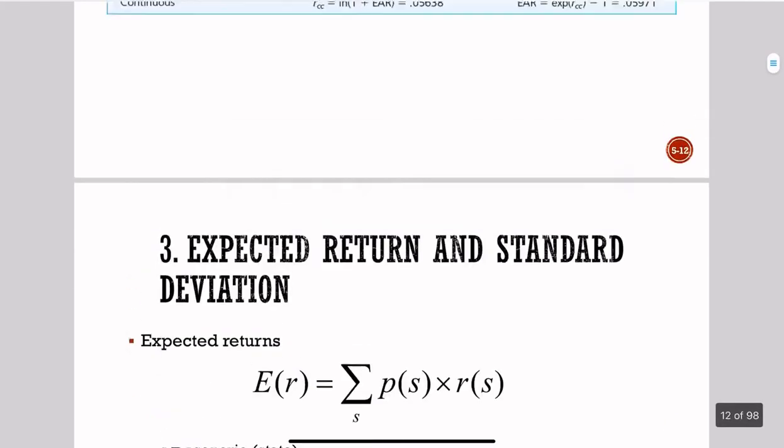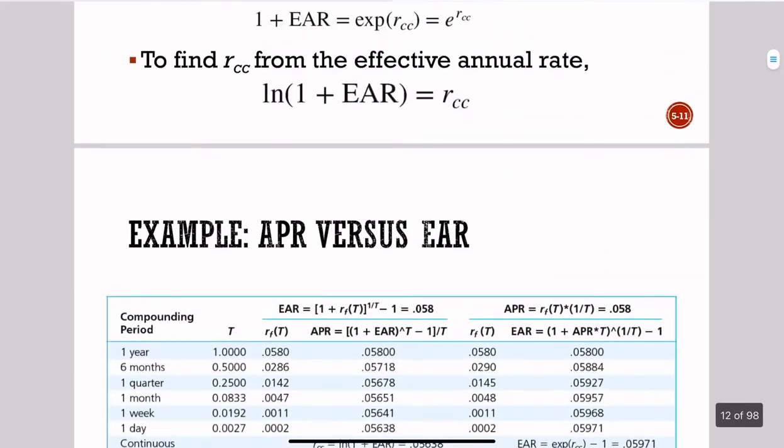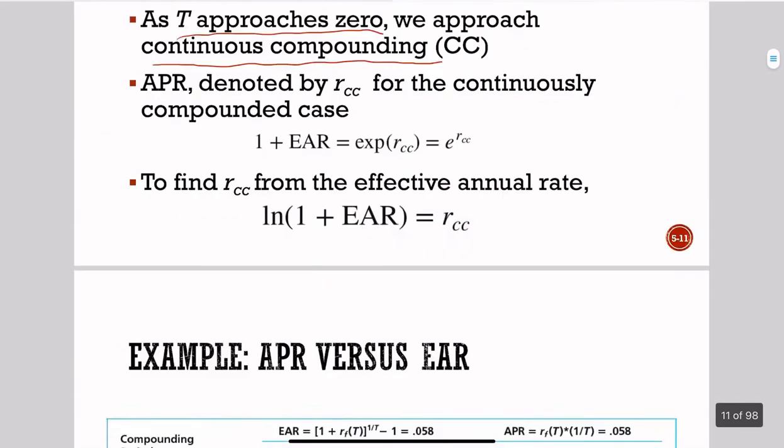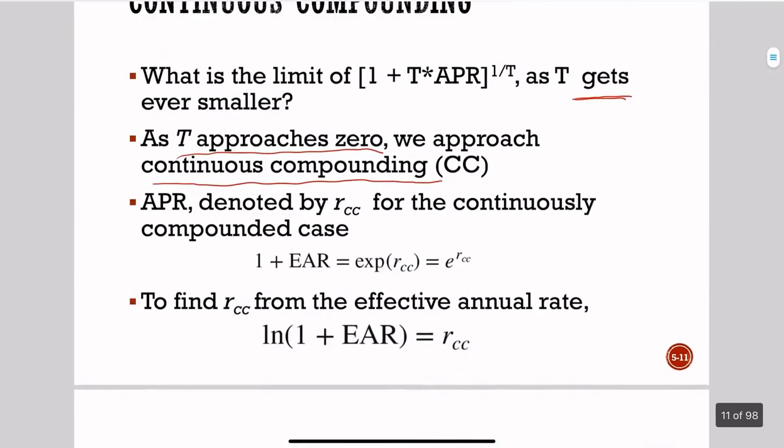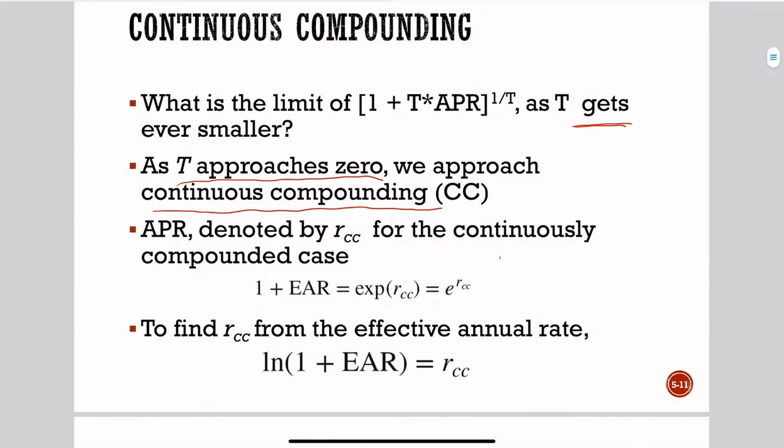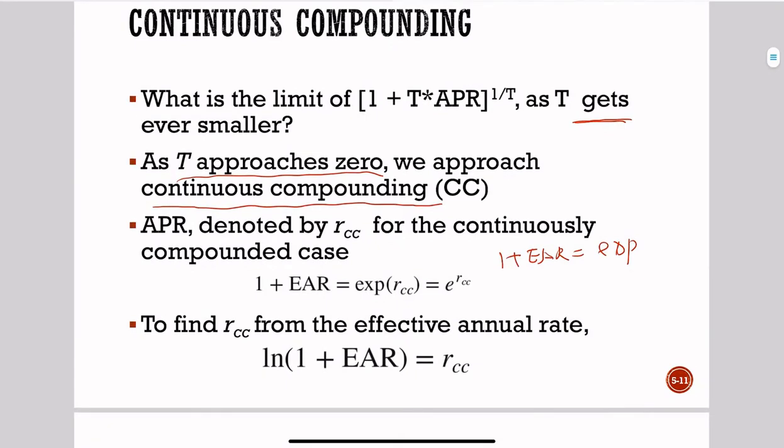And in this case, the EAR and the APR will be related like this. So what's the name for this? I think it's a mathematical constant called Euler's number.